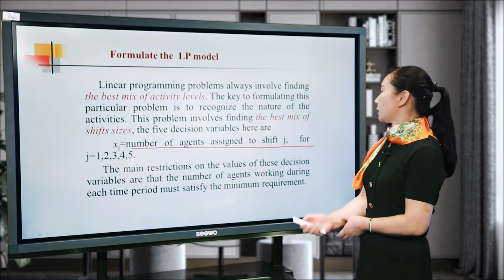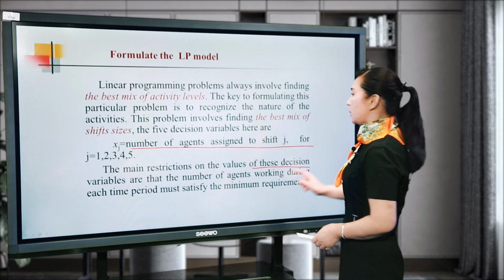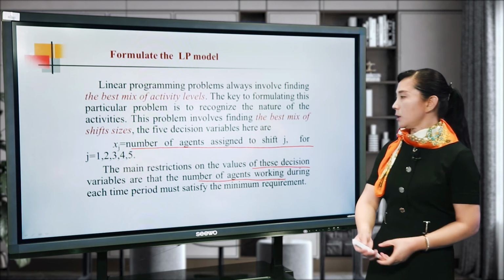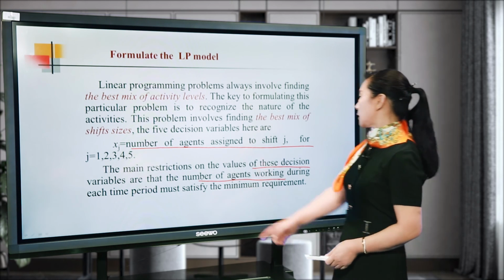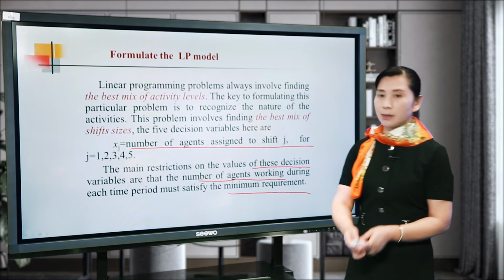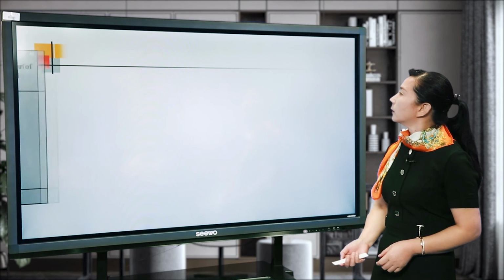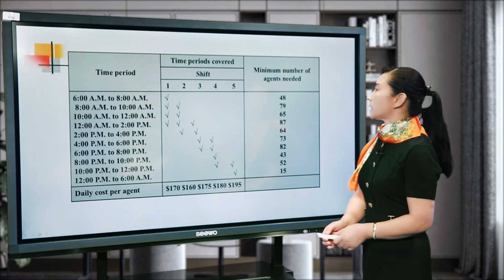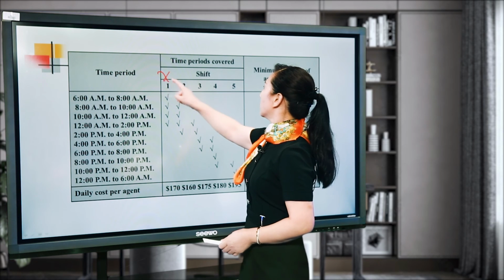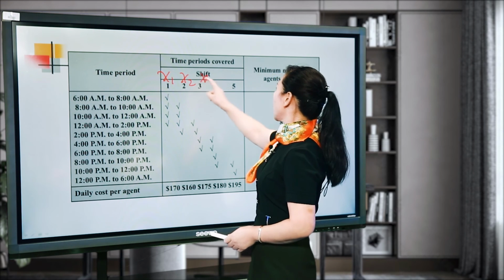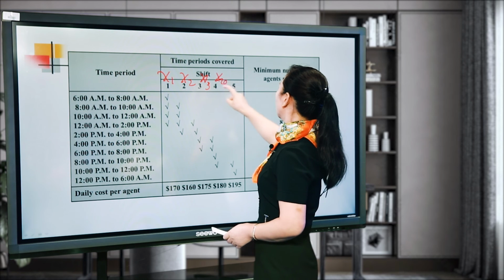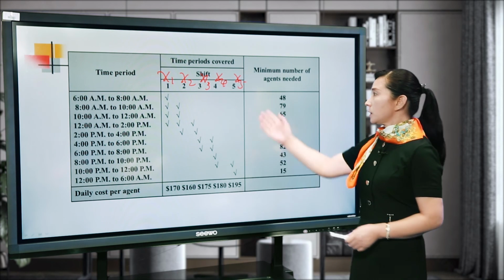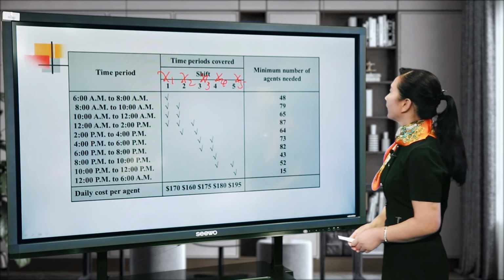The main restrictions on the values of these decision variables are that the number of agents working during each time period must satisfy the minimum requirements. So in this table, the decision variables are x1, x2, x3, x4, x5, the number of agents assigned to each shift.